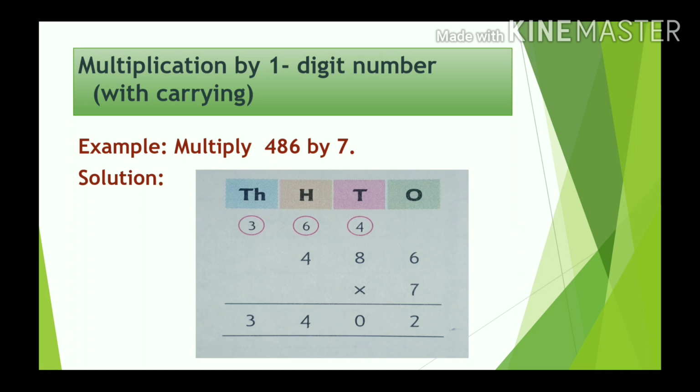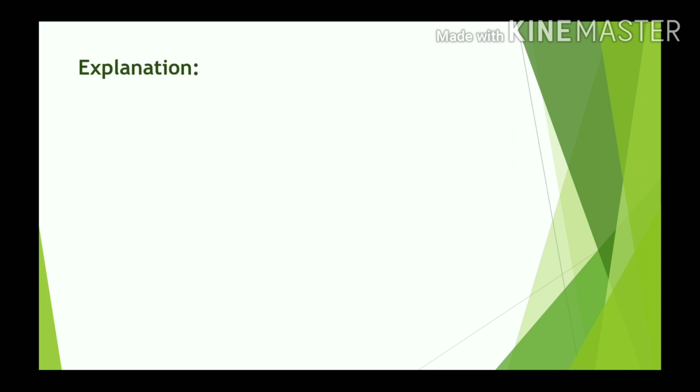So 486 is written with 4 under the hundreds column, 8 under the tens column, and 6 under the ones column. After that we have multiplied 7 by 486 one by one. We get the final answer as 3402. Now I am going to explain this stepwise.